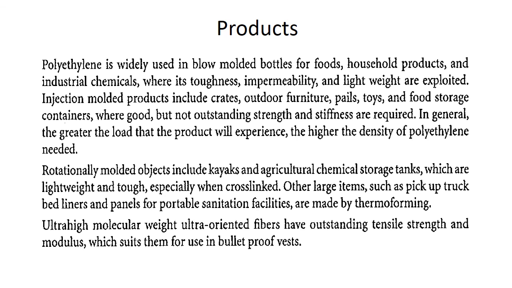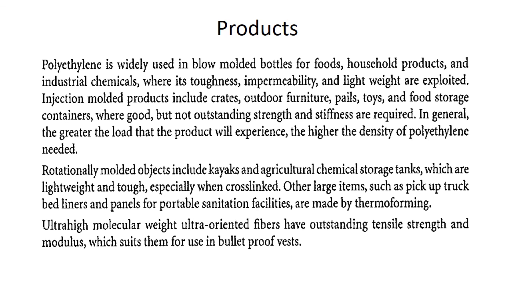They can also be used in adhesives, in pails, in toys and food storage containers, because of their stiffness and extraordinary strength. So the same material, polyethylene, is on one hand used as a plastic, on another hand as an insulator, and on the other hand as an adhesive or something like that. Depending upon its structural features and density, we can make use of it accordingly.